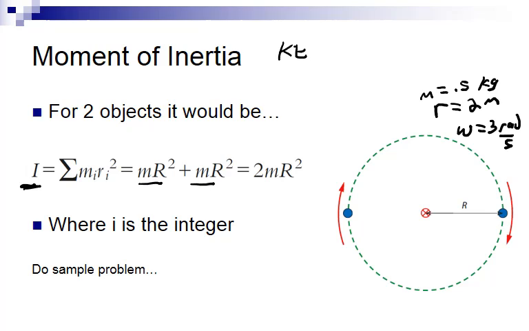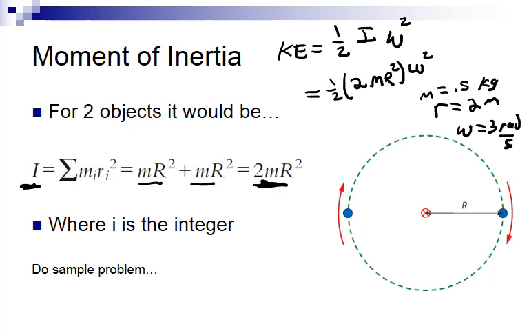So kinetic energy is 1/2 times the moment of inertia times omega squared. And so we have 1/2 times 2, so we got both of these, 2mr squared times omega squared. And we can work this out: 1/2 times 2 times 0.5 times the radius 2 squared times 3 squared.